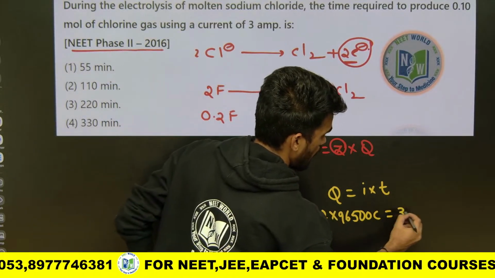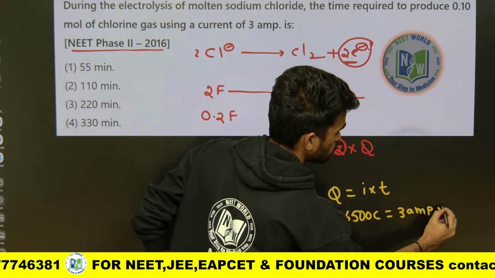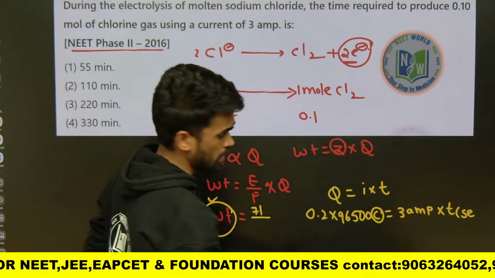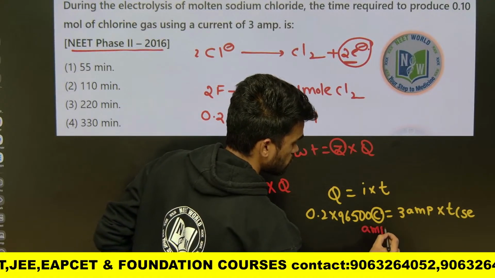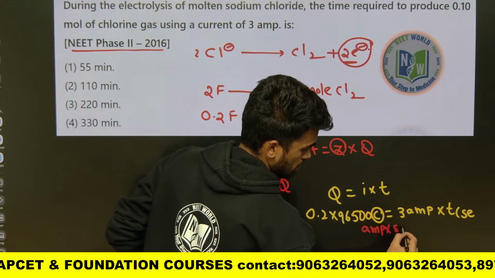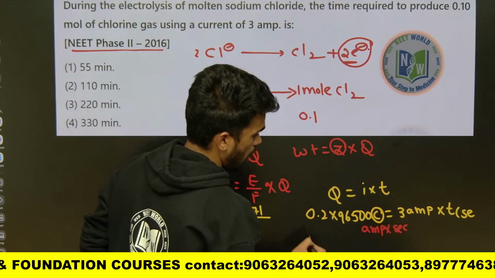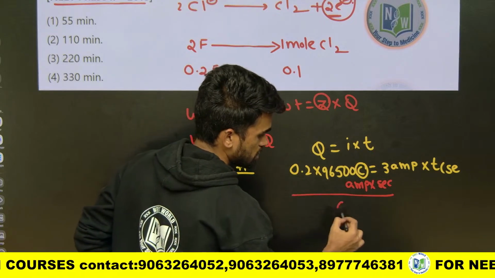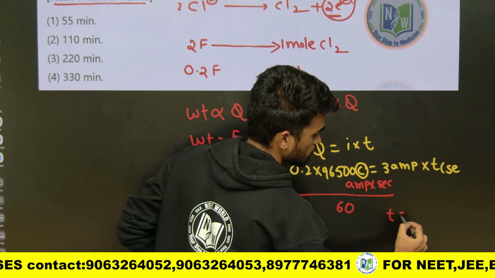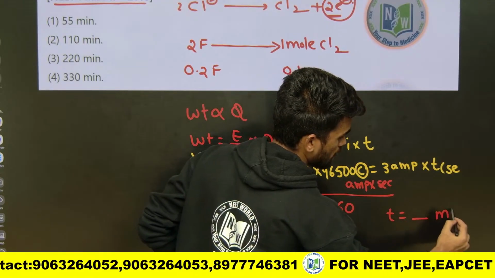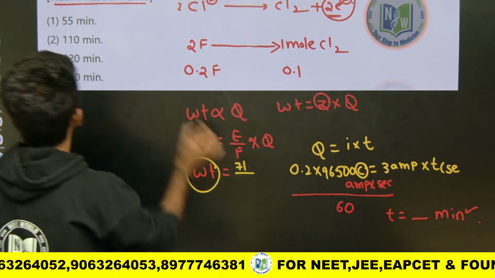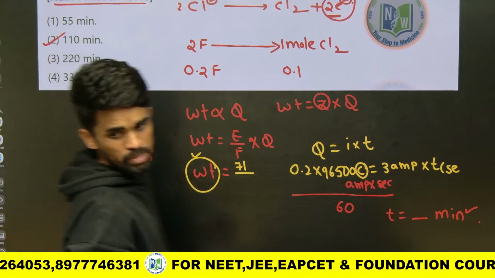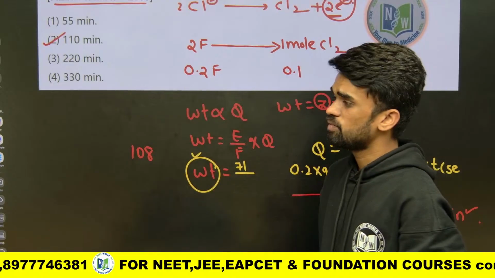So 3 amp into T in seconds. So coulombs, what can I write? Amperes into seconds, right? So we will get the answer in seconds. So divide that number by 60 so that you will get T in minutes. So by simplifying this, you will get around 108. So the nearest answer, 110, will be your answer.